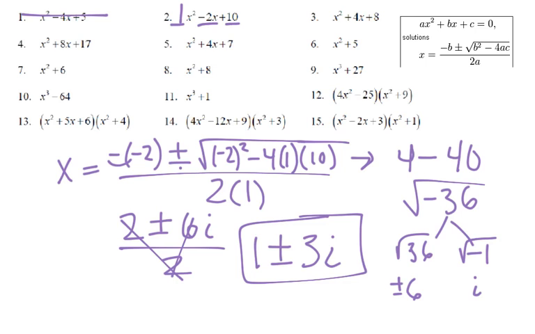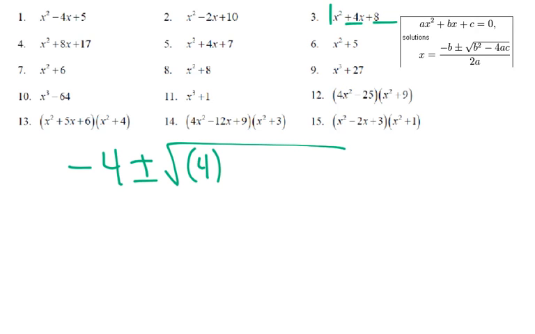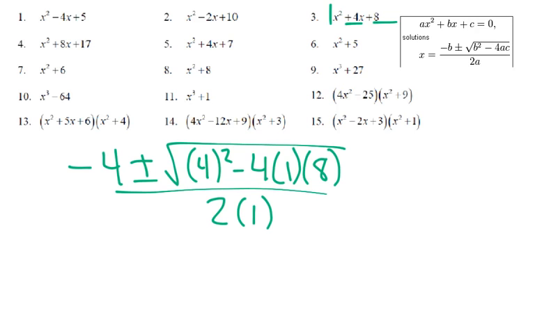Okay, now let's look at number 3. A is 1, B is 4, C is 8. So it would be negative 4 plus or minus the square root of positive 4 squared minus 4 times a times c, over 2 times a. Okay, so we simplify that. 16 minus 4 times 8, which is 32, would be negative 16.